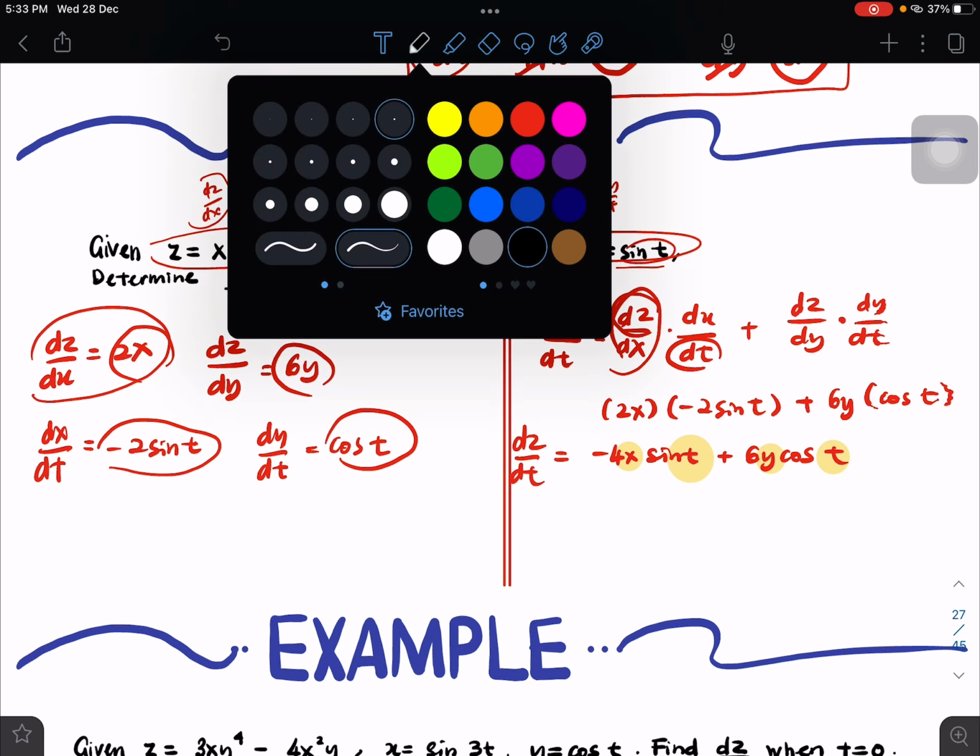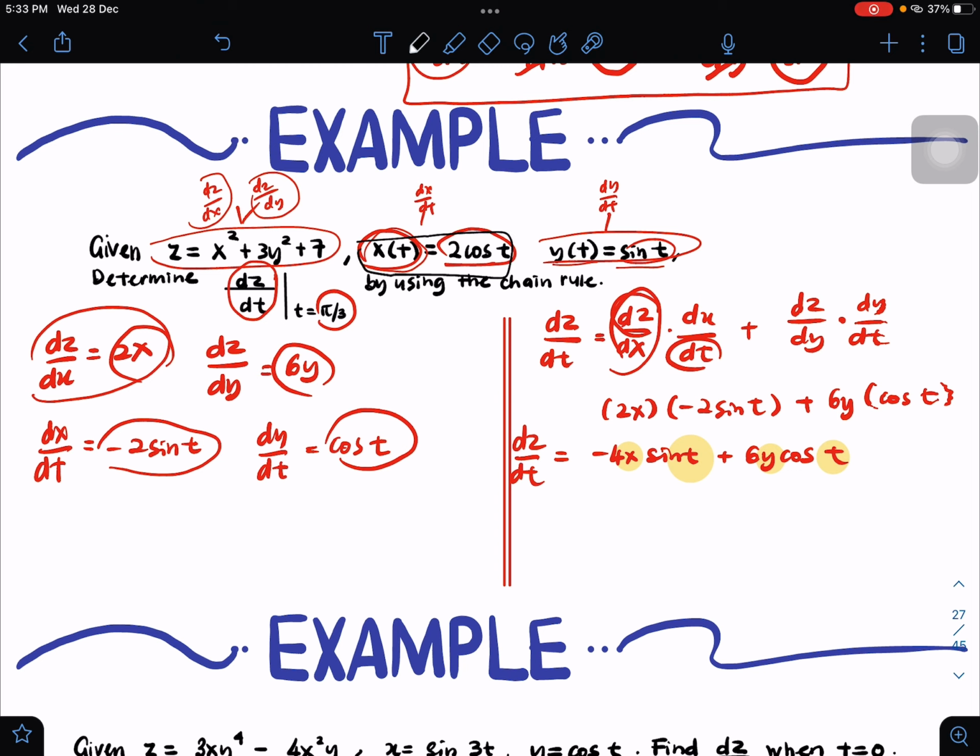You are given the function of x and the function of y. x is equal to 2 cos t. Substituting t equals pi over 3, x is equal to 2 cos(pi over 3), which is cos 60, giving 1 over 2. So x is equal to 2 multiplied by 1 over 2, which gives 1. So x is equal to 1.